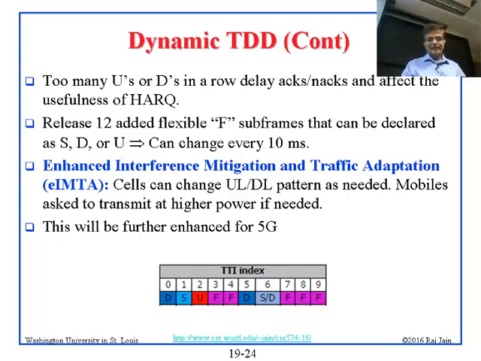Okay? And this will be further enhanced. This is already there in one of these releases, 13, 14, and this will be further enhanced for 5G. This flexible frame is there, not in 4G, but in 13 and 14, right? So we are way beyond 4G now, in at least 3GPP.